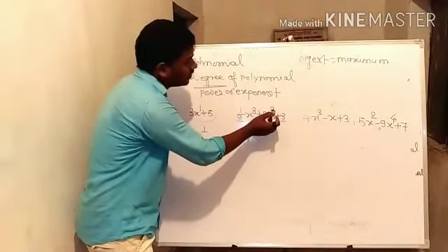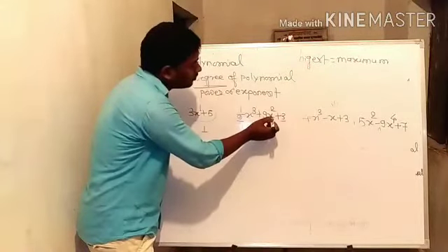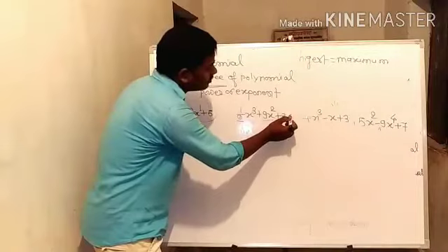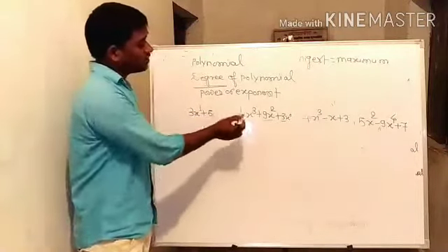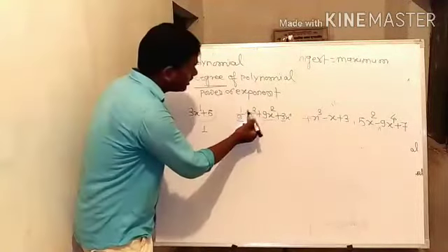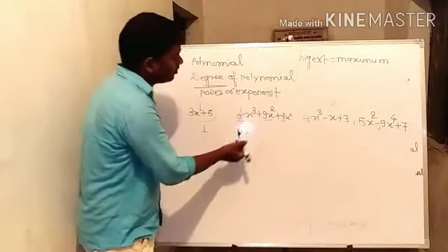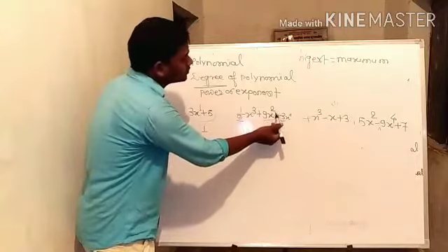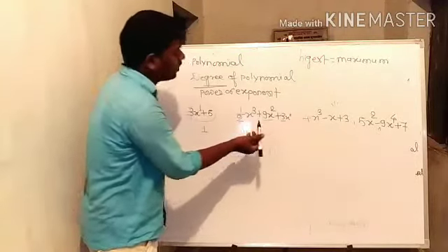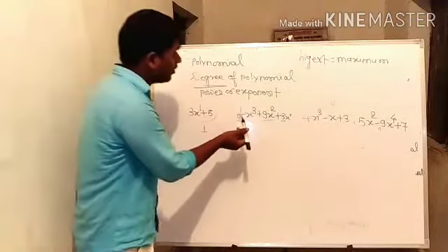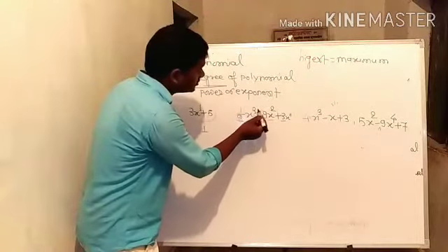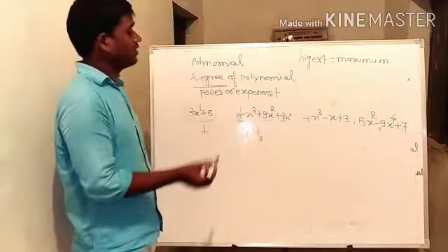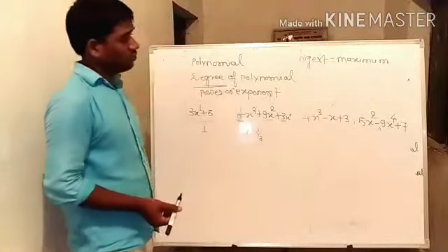In 9x square, the power of the variable x is 2. In 3, the power of the variable is 0. So in this polynomial, what is the highest power? The highest power is 3. So this 3 is the degree of this polynomial.